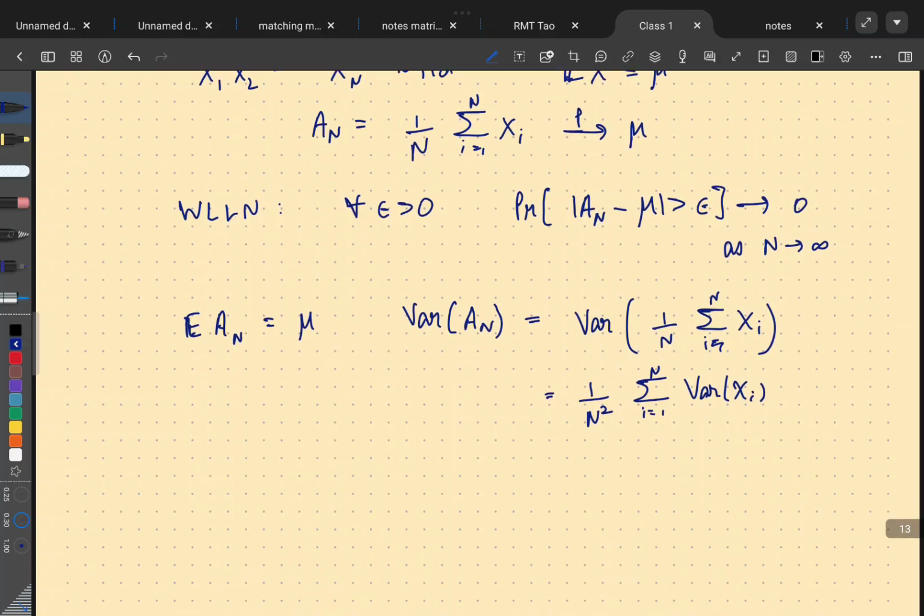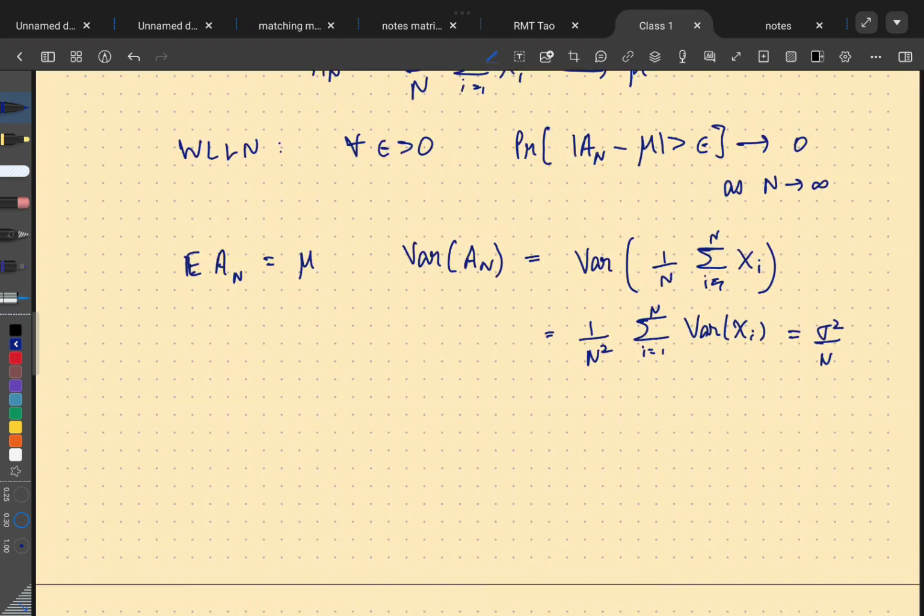But the variance of Xi is sigma square, so I get n times sigma square in the numerator and an n square in the denominator. This is nothing but sigma square by n. Mind you, I can do all of this only if the Xi's are independent and identically distributed. At the very least, you can verify that I need pairwise independence between Xi and Xj for every i, j.